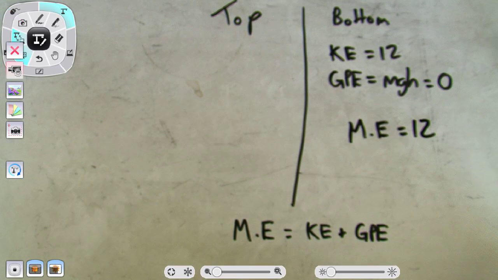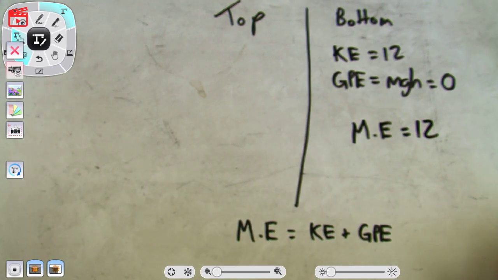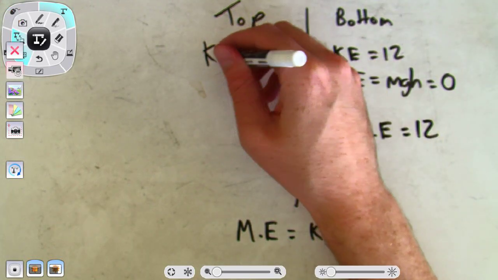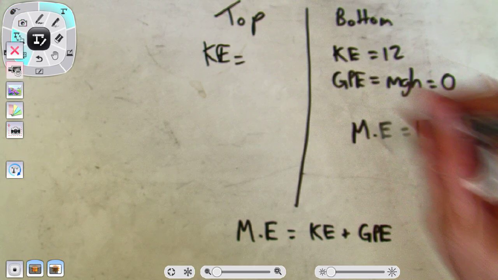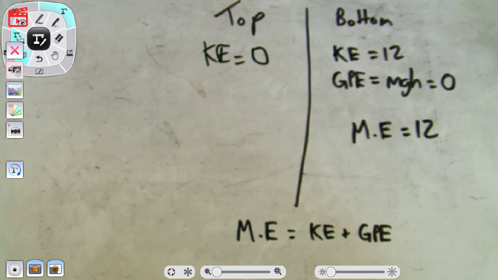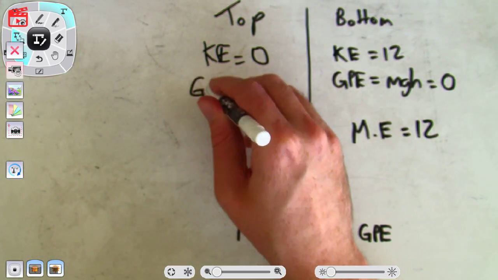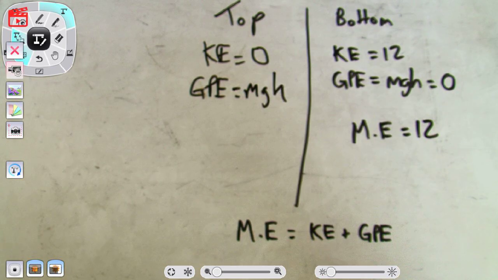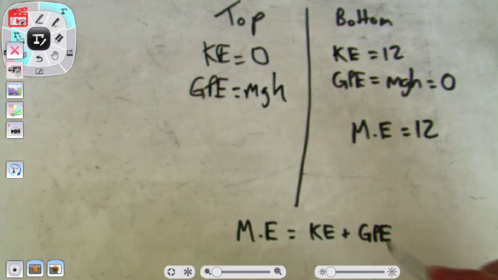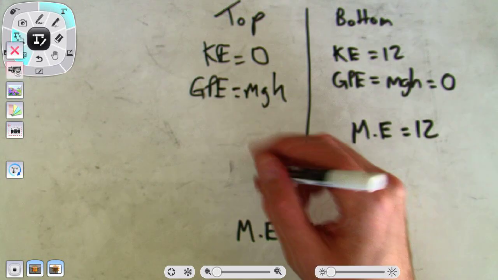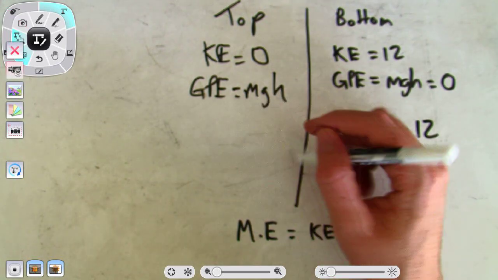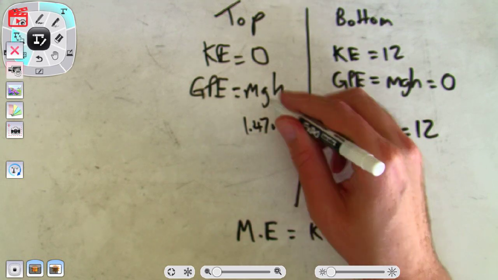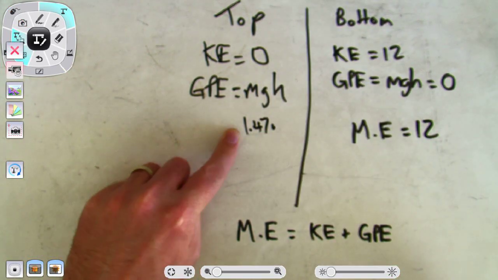Now, this is where we're going to get a little bit of something different, because at the top, my kinetic energy is going to be 0, right? We haven't dropped the object yet. My GPE equals mass times gravity times height. Well, in the question, we're told that the weight in newtons, which is mass times gravity, is 1.47. So mg is 1.47.